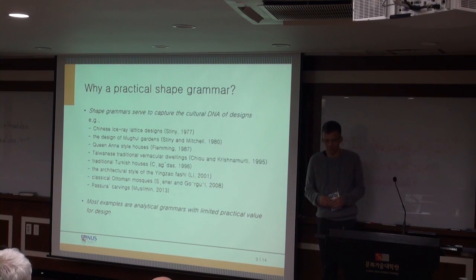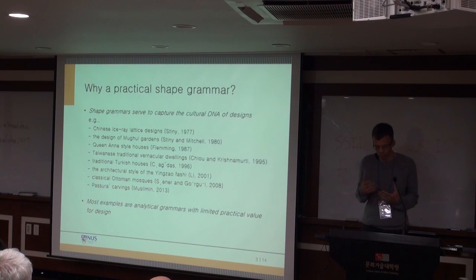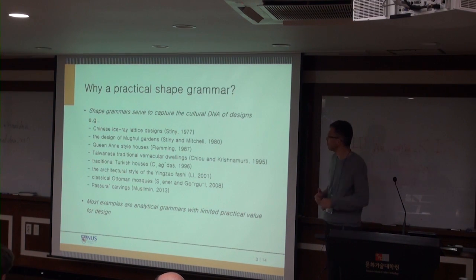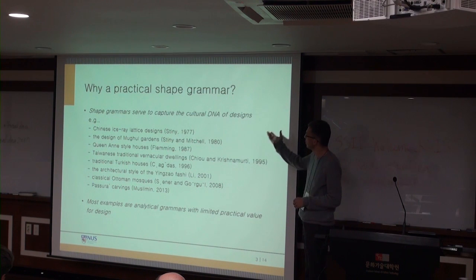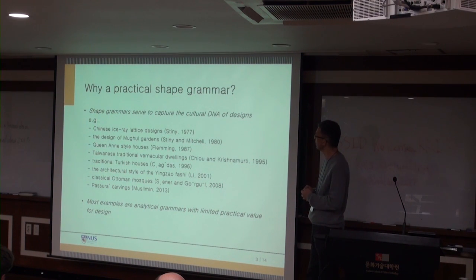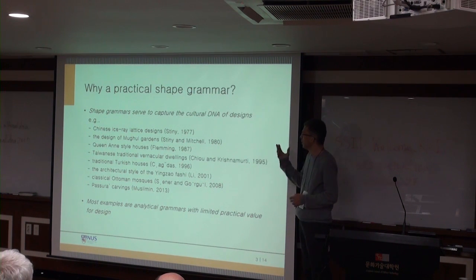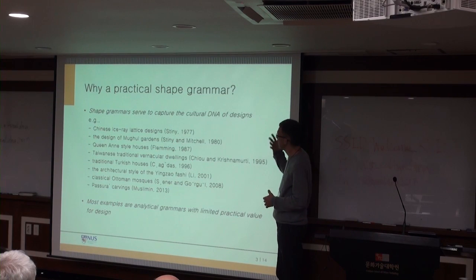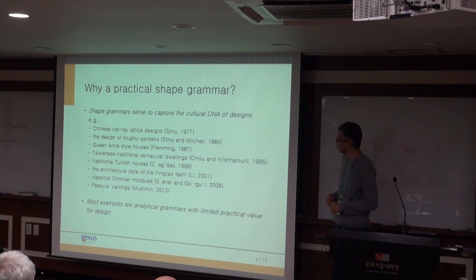I think for people who use or are interested in shape grammars, they are a formalism that can capture cultural DNA of designs, and we have many examples, such as Chinese ice-ray lattice designs, and cultural types of buildings that can be encapsulated in a shape grammar and can be used to regenerate such designs.